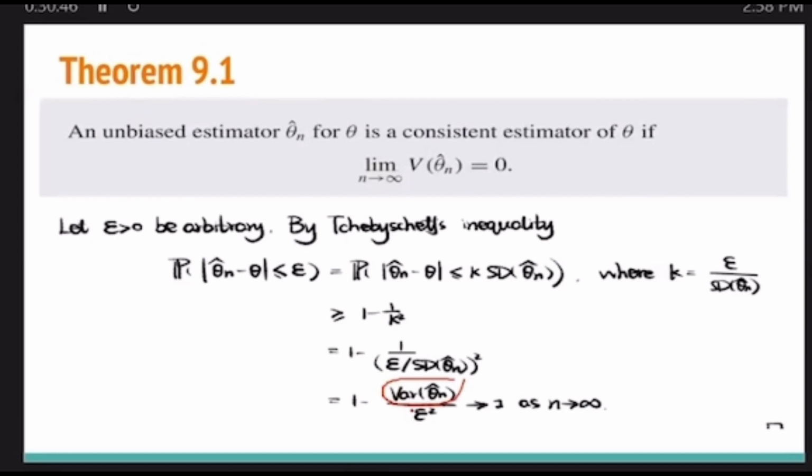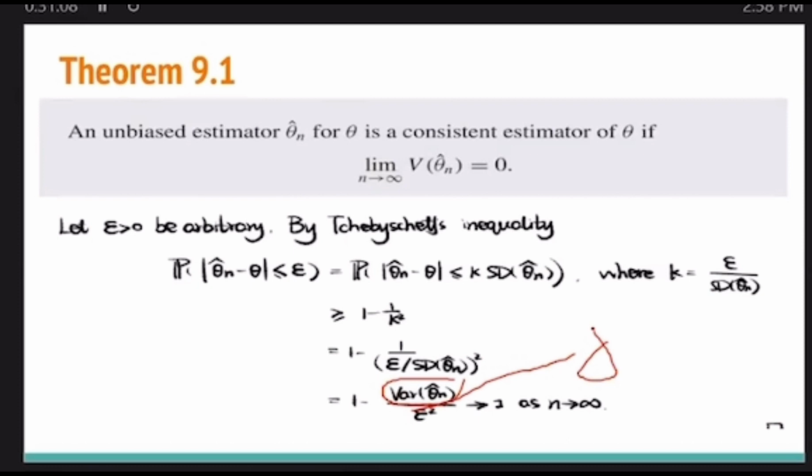Mathematically speaking, what happens to this? It's going to be zero. Does that make sense? Because the variance of an estimator is a function of the sample size. So what probability do you now get? 1.